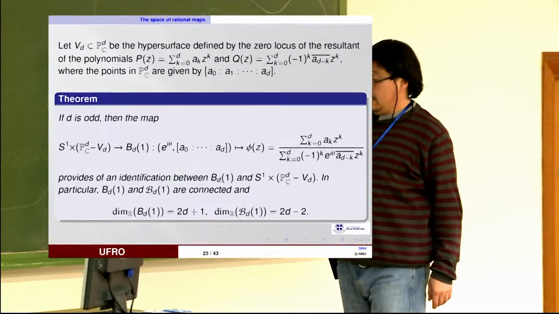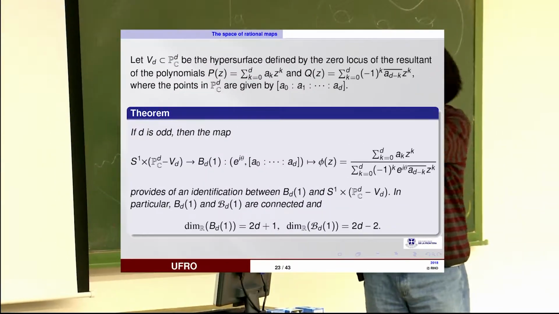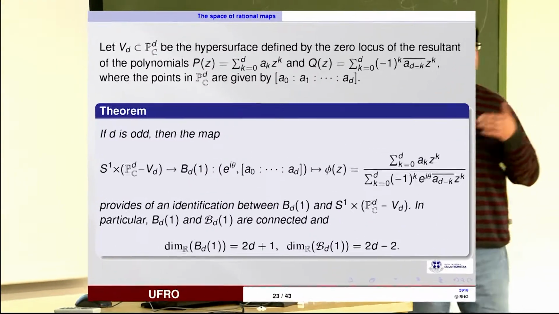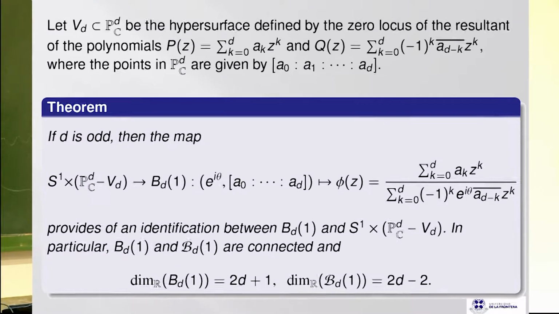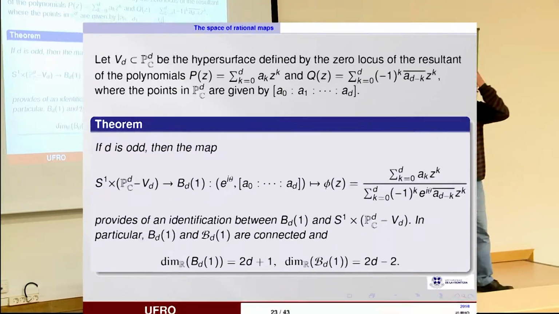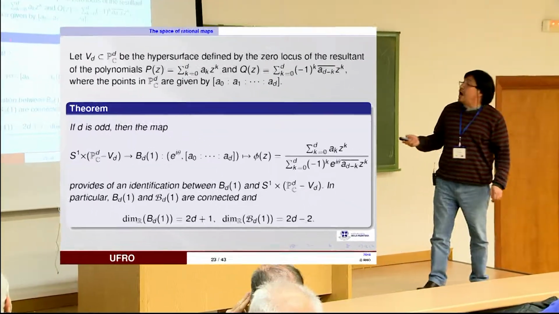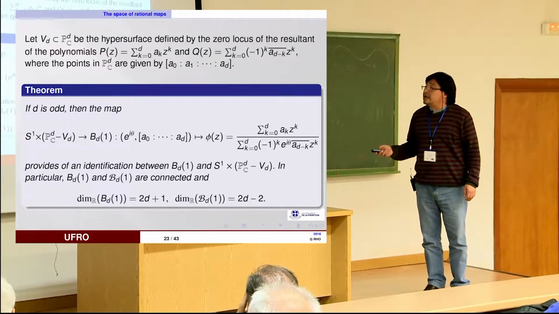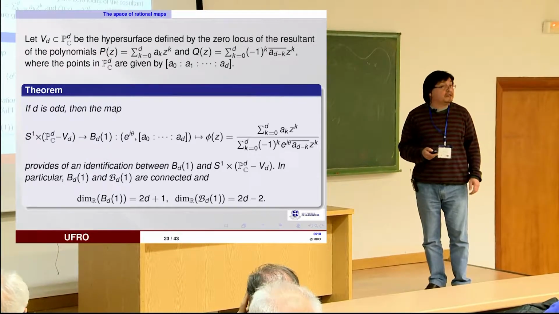Okay, but in this, some of them may have even reflections, for example, or something like that. So this is just the configuration, and this form permits us to see that in the moduli space, those rational maps admitting imaginary reflections are connected and have the corresponding dimensions.